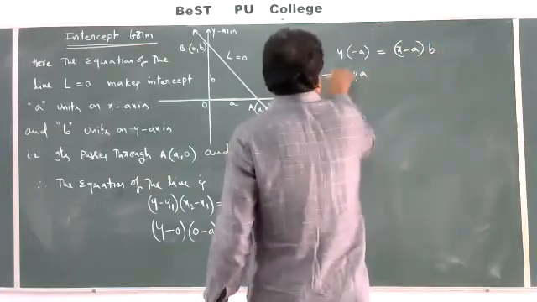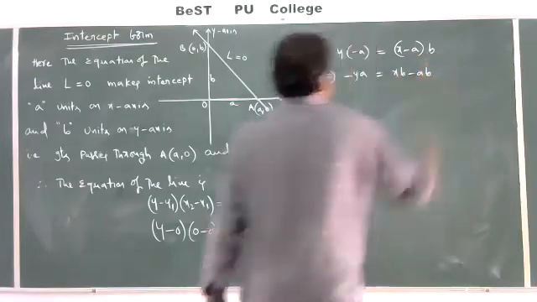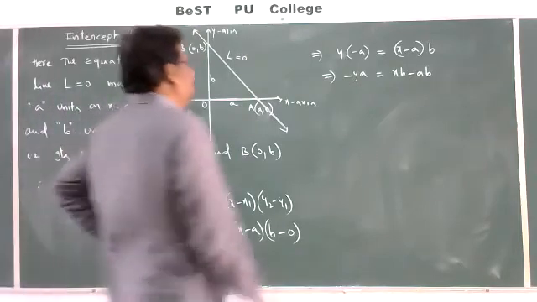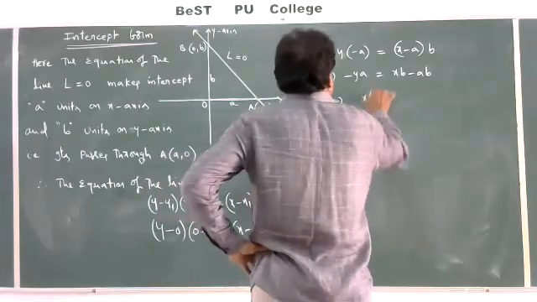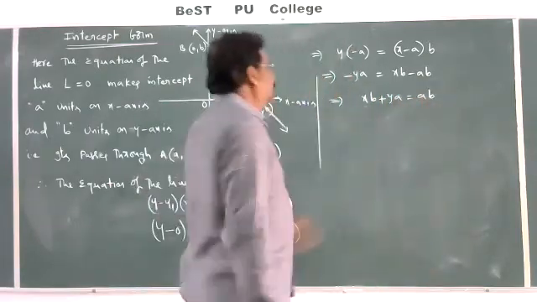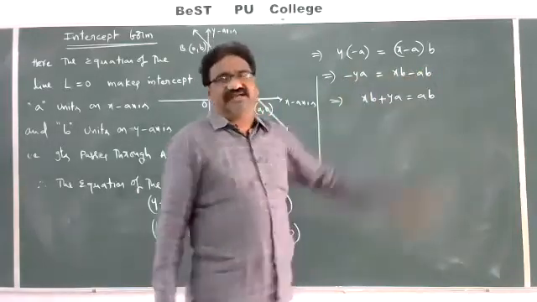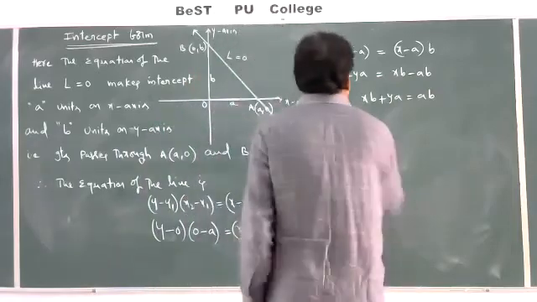Minus ya is equal to xb minus ab. From this, xb plus ya is equal to ab. You bring minus ab to this side, this minus ya to that side. xb plus ya is equal to ab.